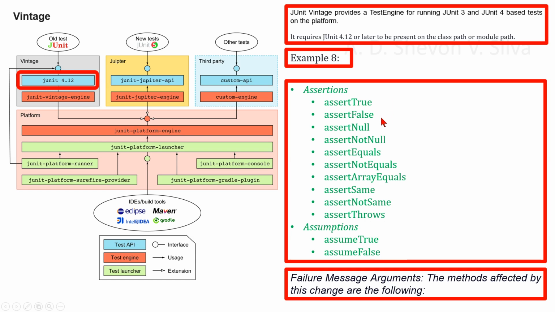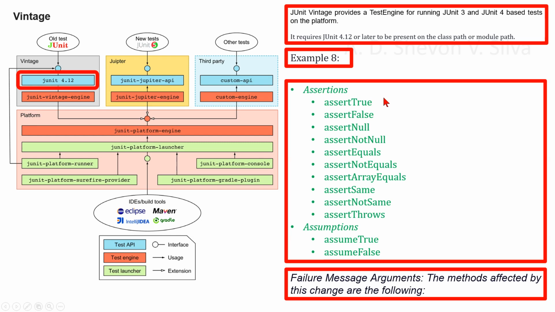The assumptions and assertions classes in JUnit Jupiter declare arguments in a different order than in JUnit 4. In JUnit 4, assertion and assumption methods accept the failure message as the first argument, whereas in JUnit Jupiter, assertion and assumption methods accept the failure message as the last argument.